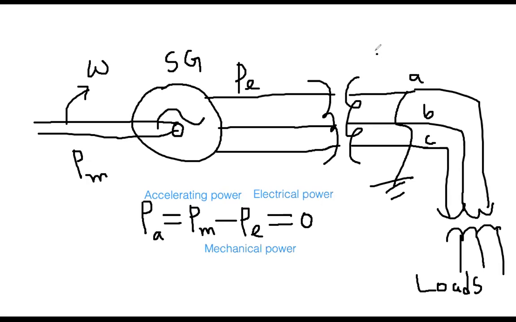So let's say it is close to 0 volt. Now, what is Pe? I said this is the electrical output power. So Pe is your VI cosine theta, and this is three-phase, so I should multiply by √3: √3 VI cos theta.